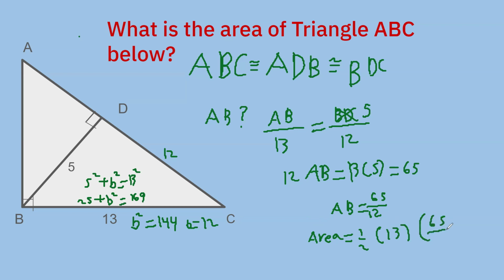Sadly, there's no easy simplifying here. So let's do the math, right? 12 times 2 is 24. So area equals something over 24, right?